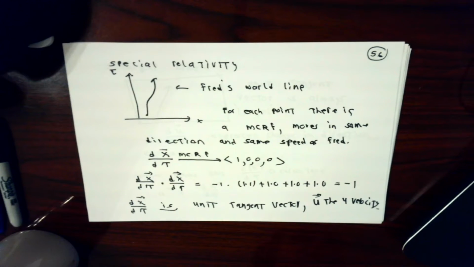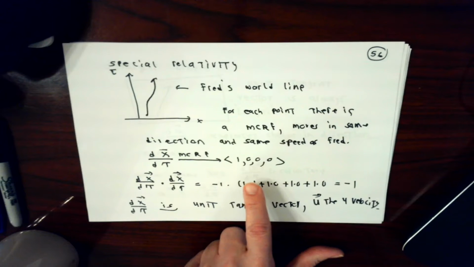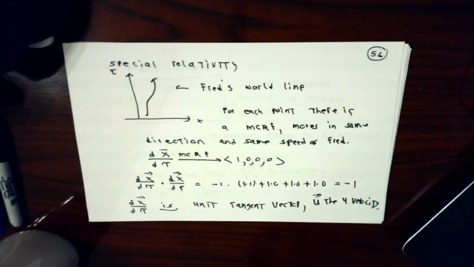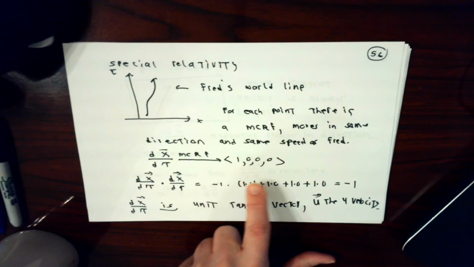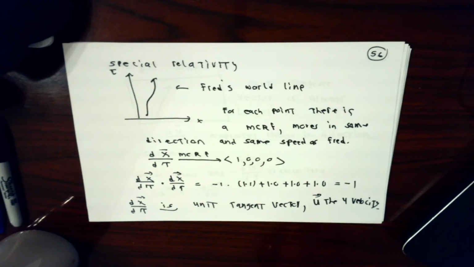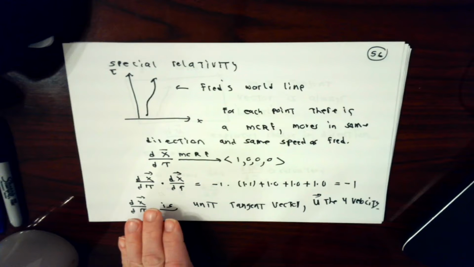Because the basis vectors are changing, though, the 1, 0, 0, 0 at point P and the 1, 0, 0, 0 at point Q are not necessarily the same vector.